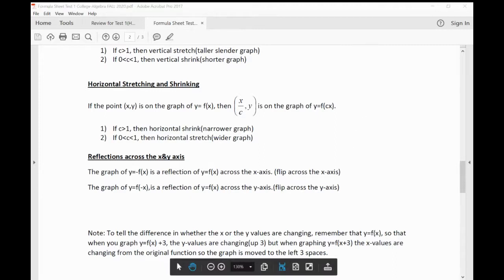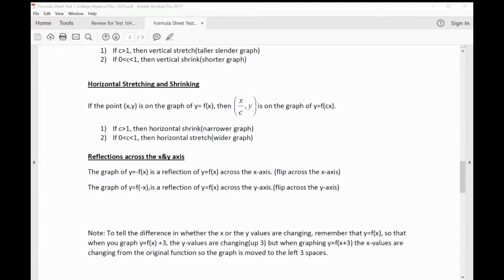I'm going to go back and look at the particular question that we had, which was (15, 13). (15, 13) is on y equals f of x.